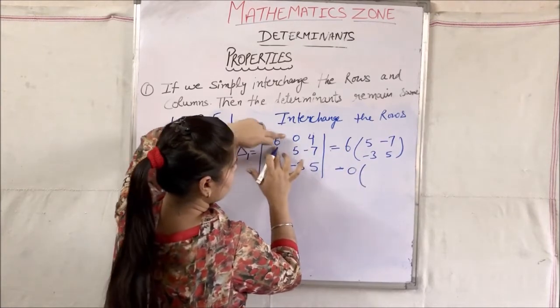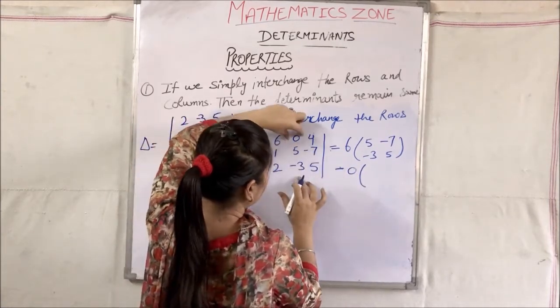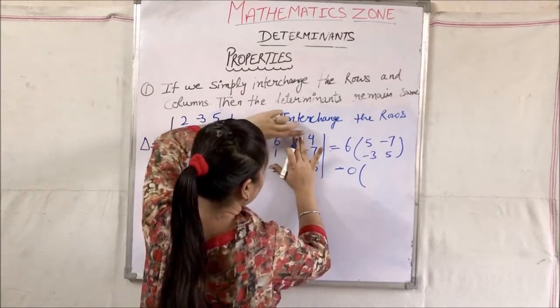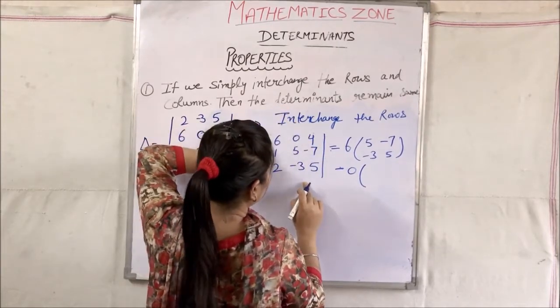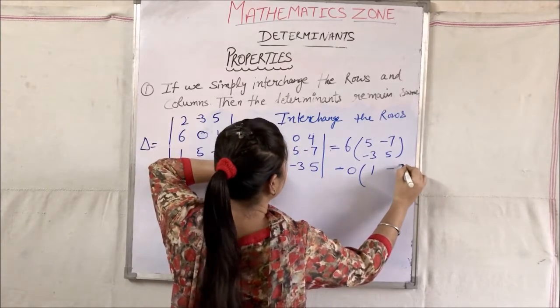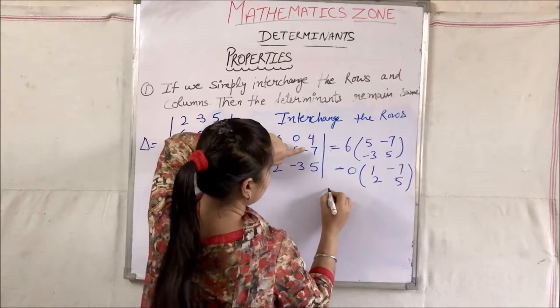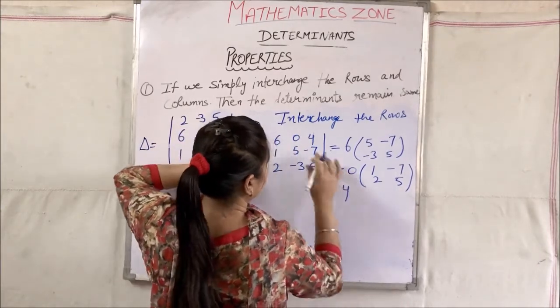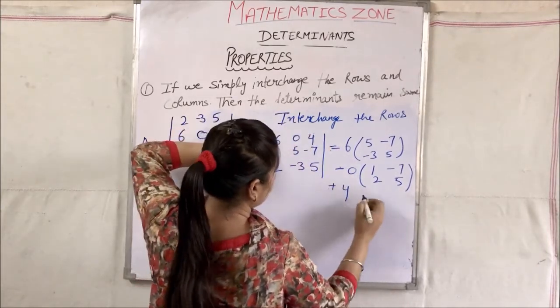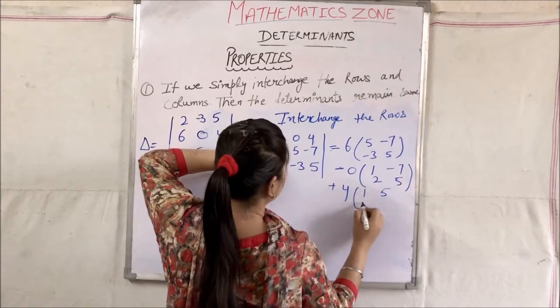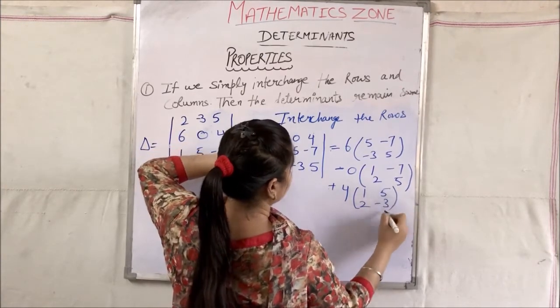Because first is positive, second will be negative. So we will leave the second column and first row. 1 minus 7, 2 and 5, plus 4. Leave first row and third column. 1, 5, 2 minus 3.